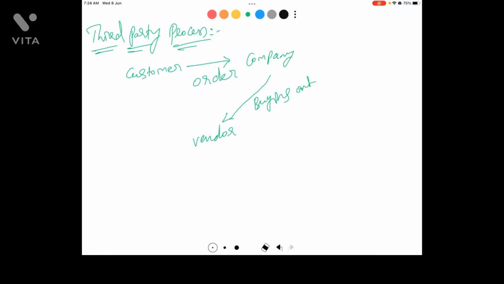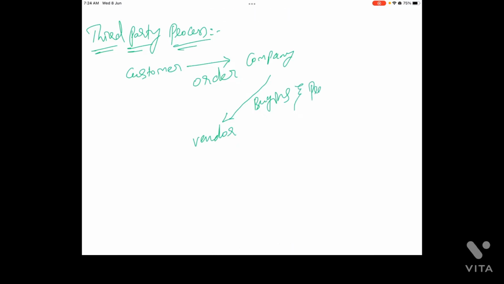Buying from outside depends on the client. They can buy from the vendors. And the customer also requested the company, please prepare the shipment directly to the customer.